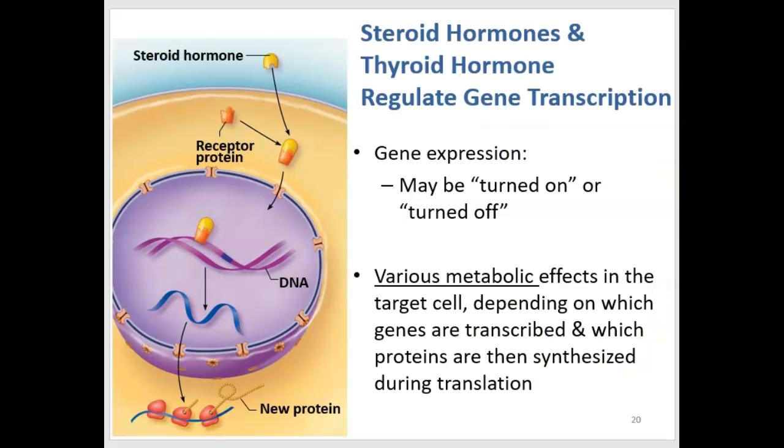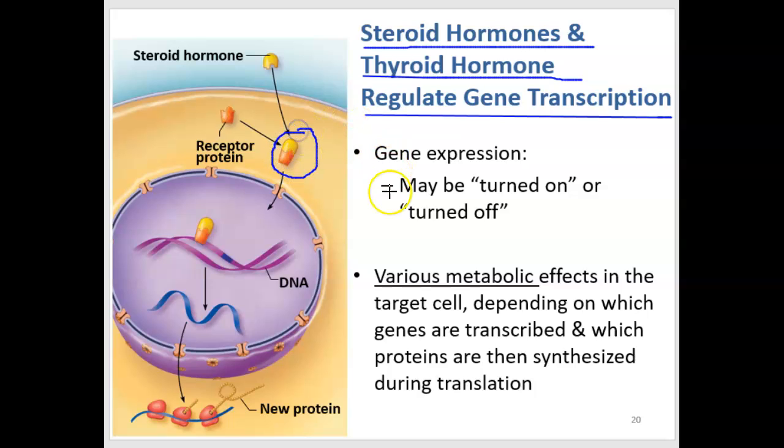So first, steroid hormones and thyroid hormone both have the effect of regulating gene transcription. And that makes sense because they both need transport proteins in the plasma, and they both can bind to receptors inside the cell.